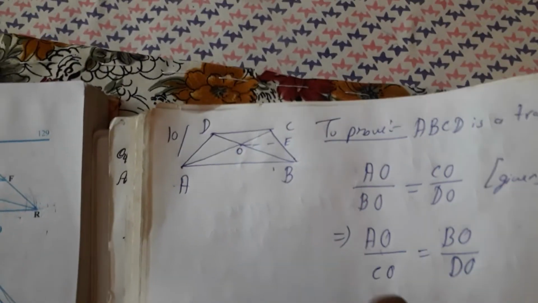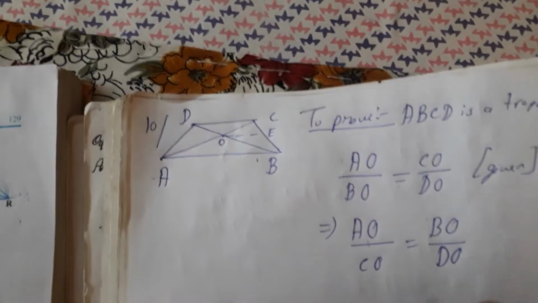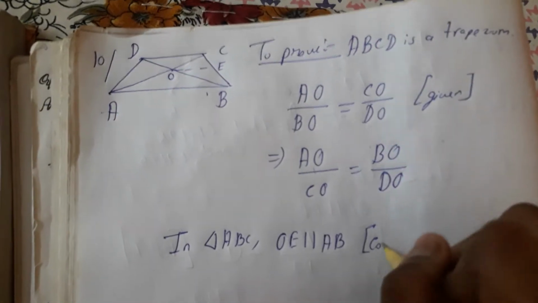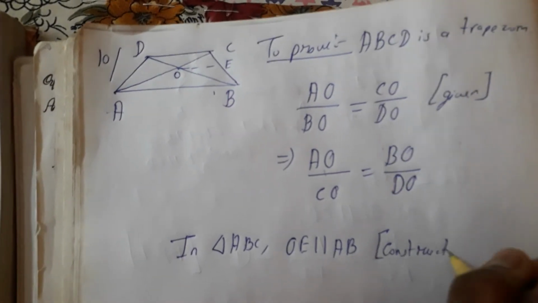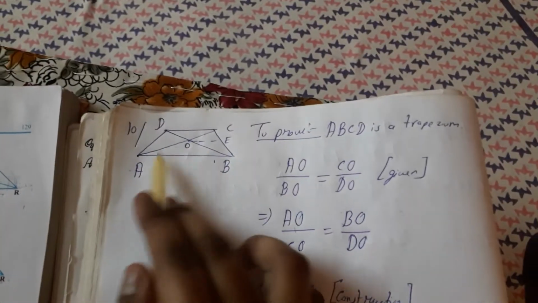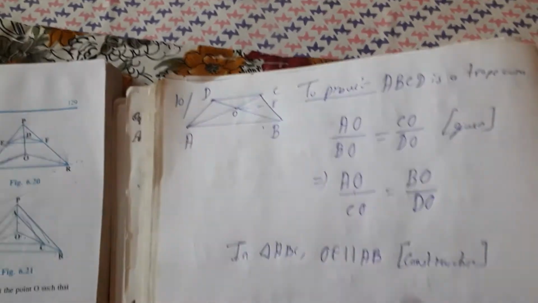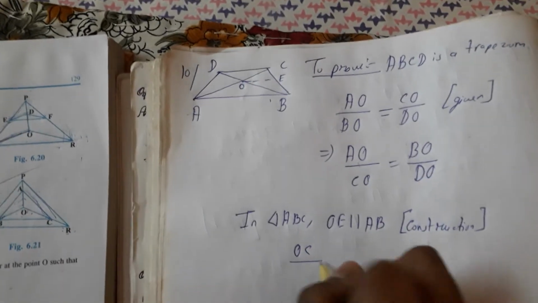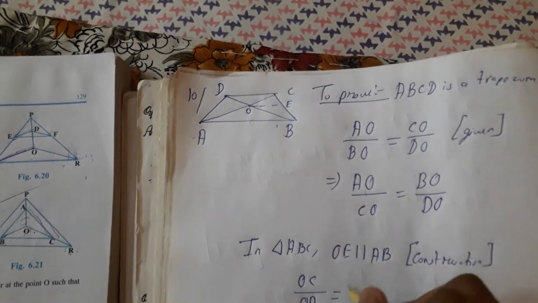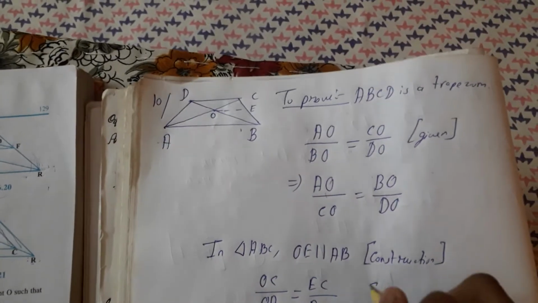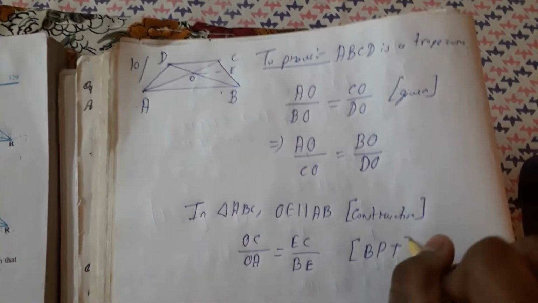This is your construction. Now see, in triangle ABC, OE is parallel to AB by construction, okay. So we can say that OC by OA is equals to EC by BE. This is by BPT.